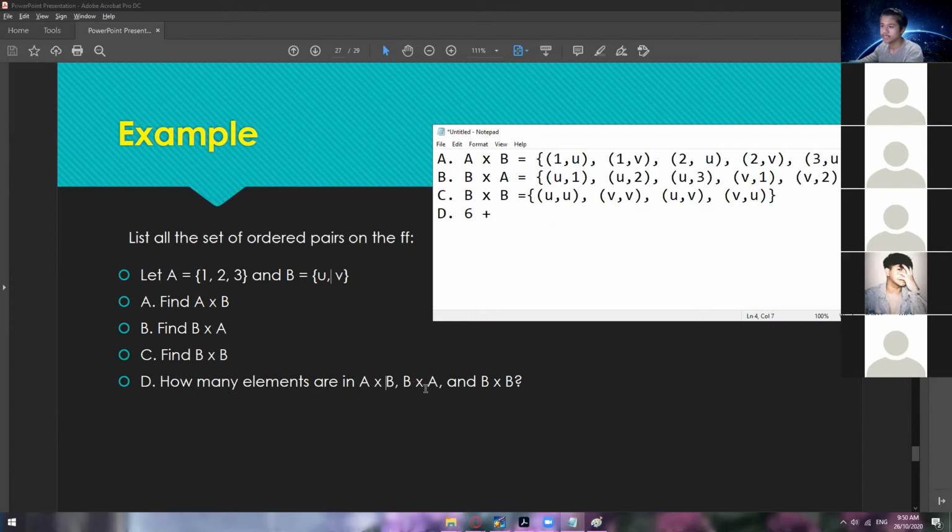Plus, B times A, so binaliktad lang. 2 times 3 is still 6. The last one is B times B. So, ilan yung elements dito? 4. Plus 4. So, ilan yung nakuha natin? 6 plus 6 plus 4 is 16. Okay, so we have a total of 16 elements from A times B, B times A, and then B times B. Okay, so ganun lang naman siya kasimple.